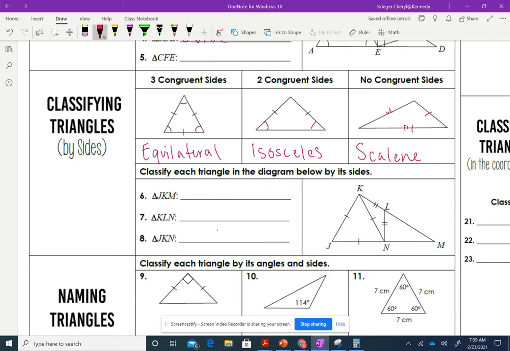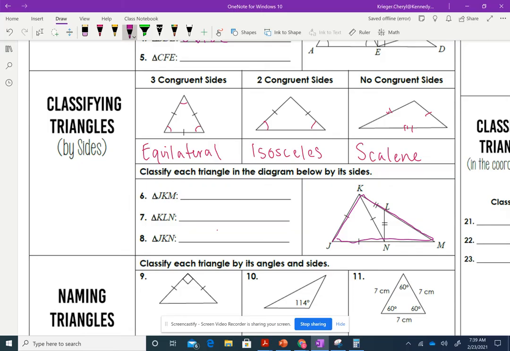Okay, so next thing in our notes is to classify each triangle in the diagram by its sides. Okay, so I said I was doing evens. Triangle JKM. JKM is the big outer triangle.